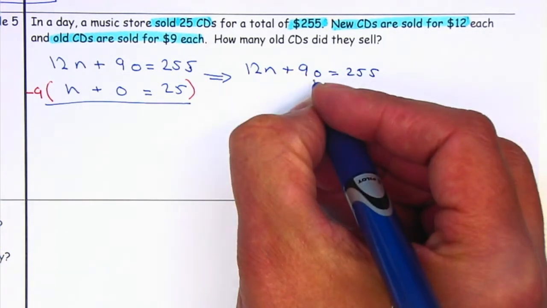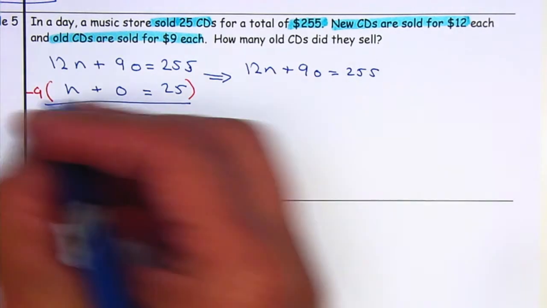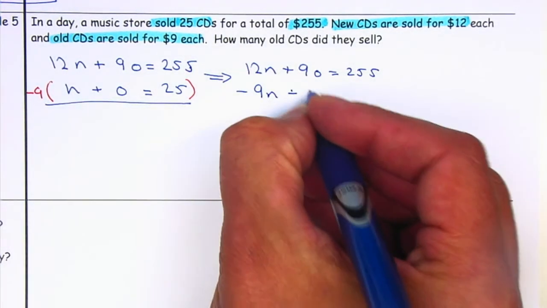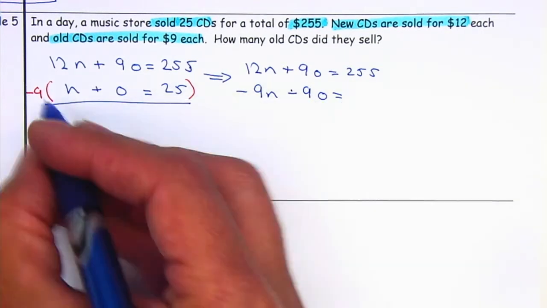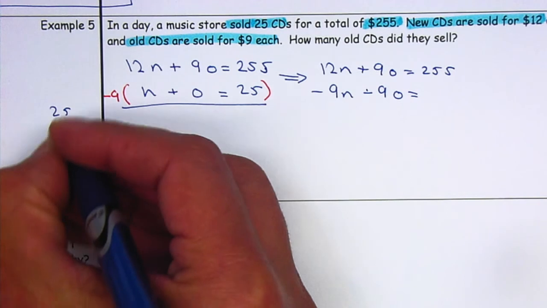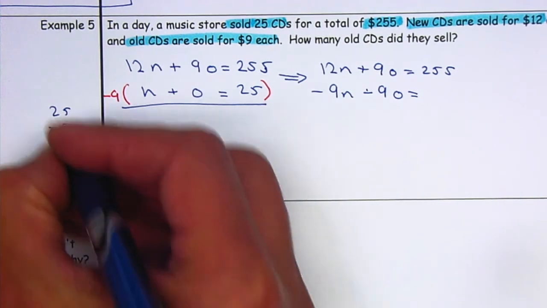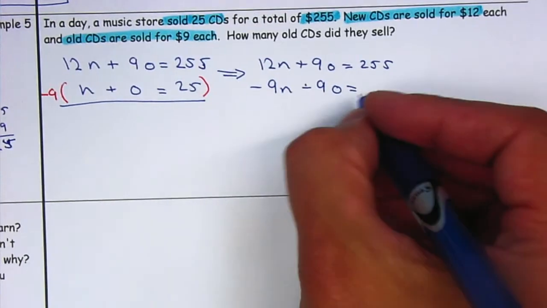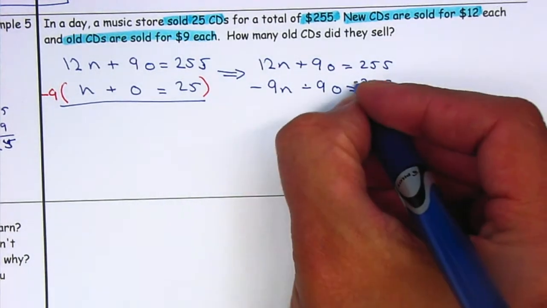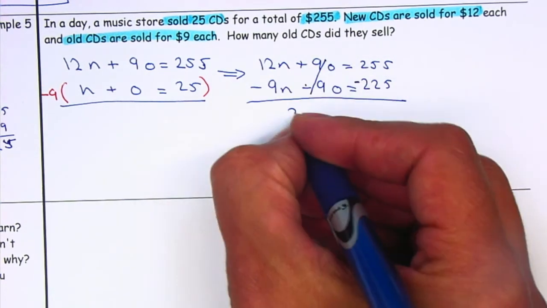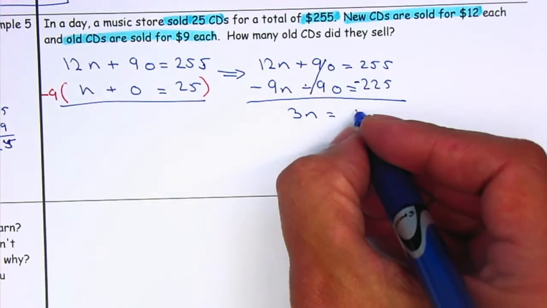The bottom one will be multiplied by -9. 9 times 25, multiply on the side. It's going to be 45. Carry 4, 18, 22. So that's 225. Negative. That will cancel. That gives me 3n is equal to 30.